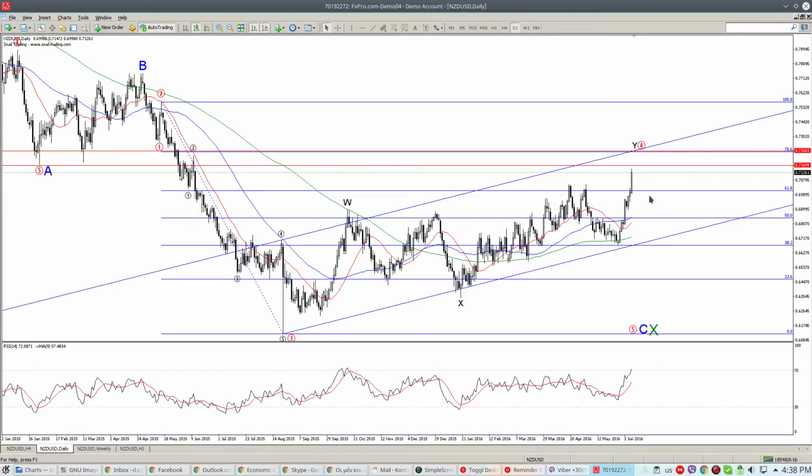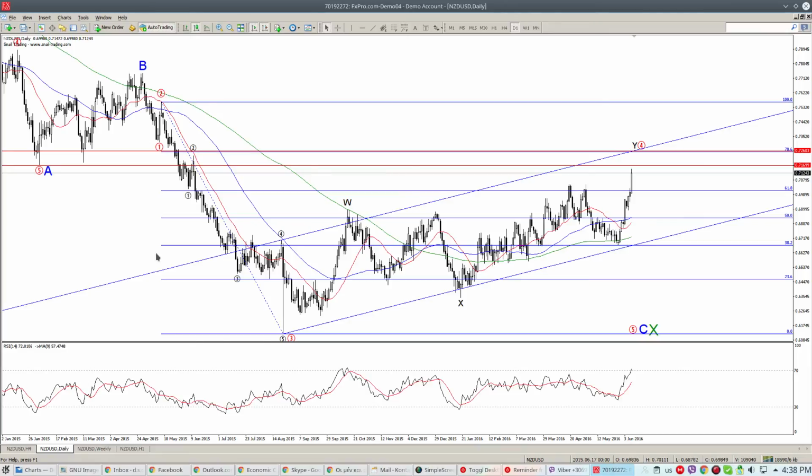Given that, even if prices reach the 78.6% retracement and they reverse from there, the count remains valid. All I'm saying here is that that scenario is possible, although the higher we're getting with this rebound, the less probable it becomes.